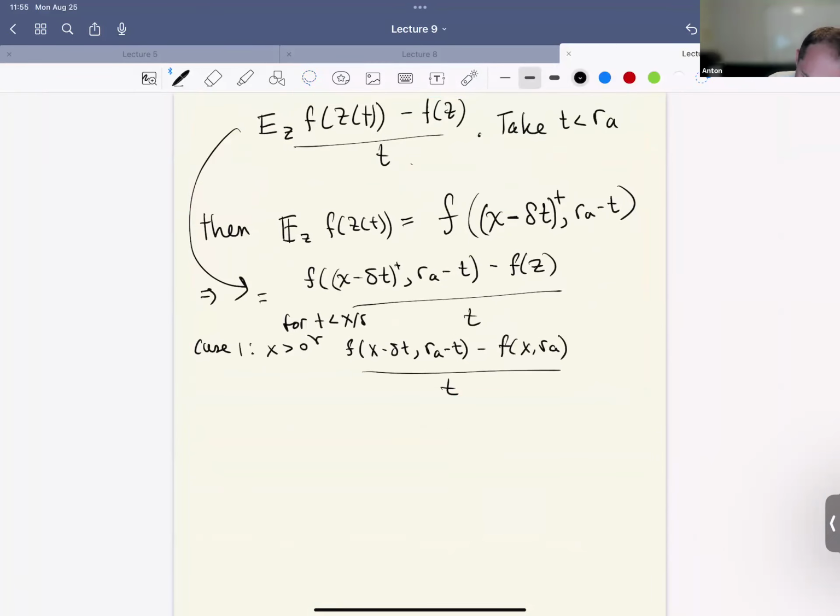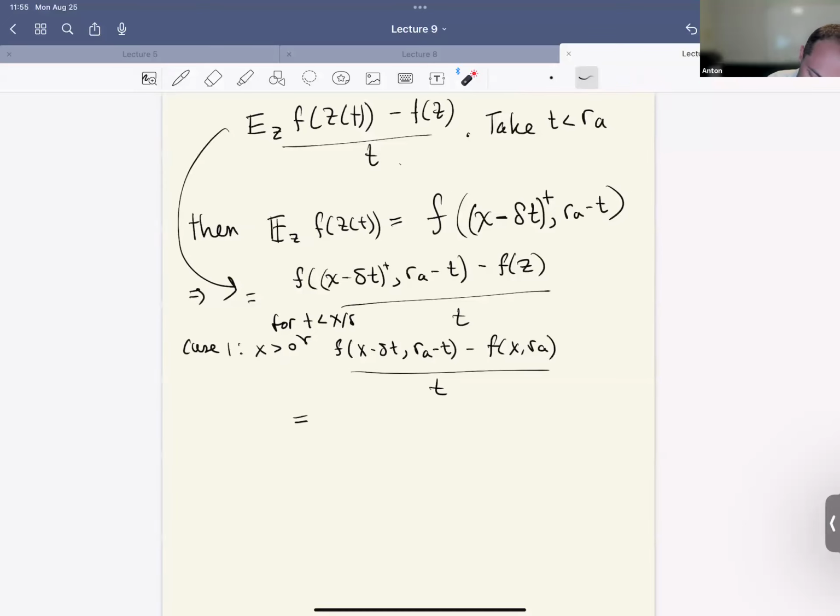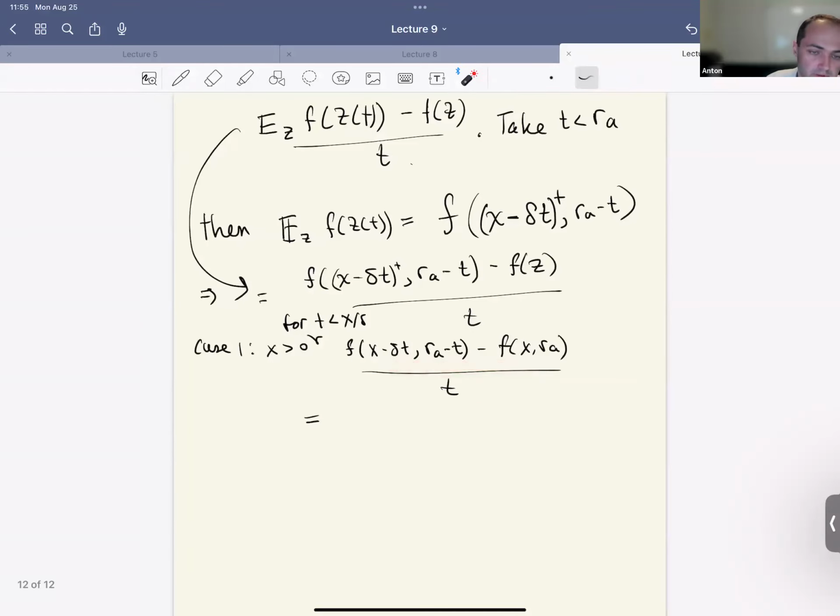Okay, and this now, provided the function, let's say, is continuously differentiable, and you look at the difference, as t goes to 0, this is just the derivative.